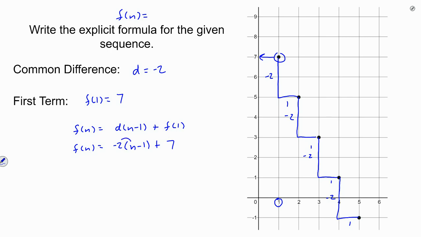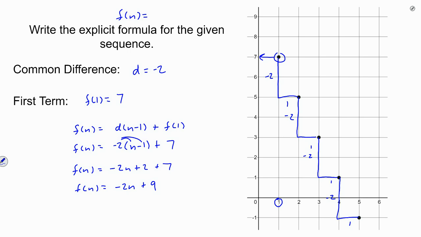Then I'm going to simplify. I distribute here, so I get f of n equals negative 2n plus 2 plus 7. Then I combine to get negative 2n plus 9. And that's my formula. If I want to check, I can plug in some numbers to make sure it works.